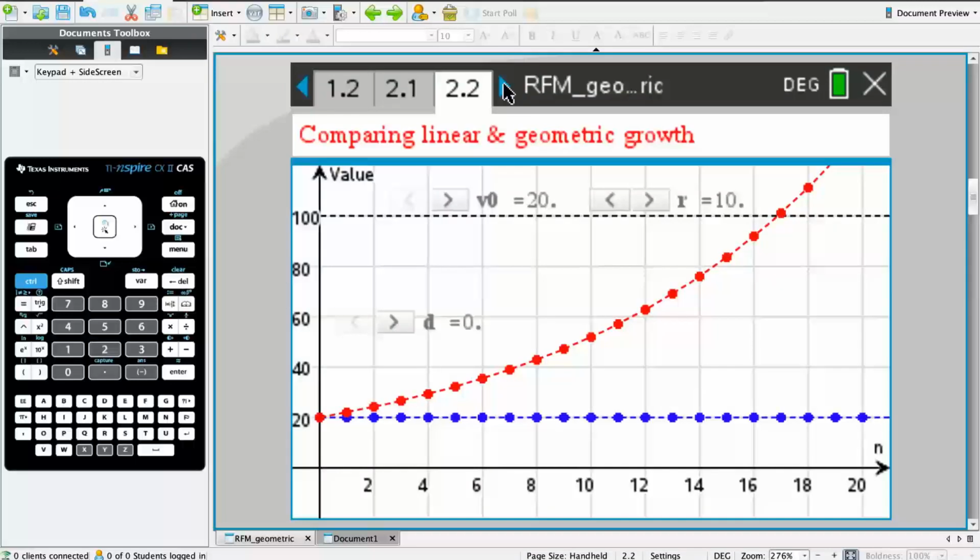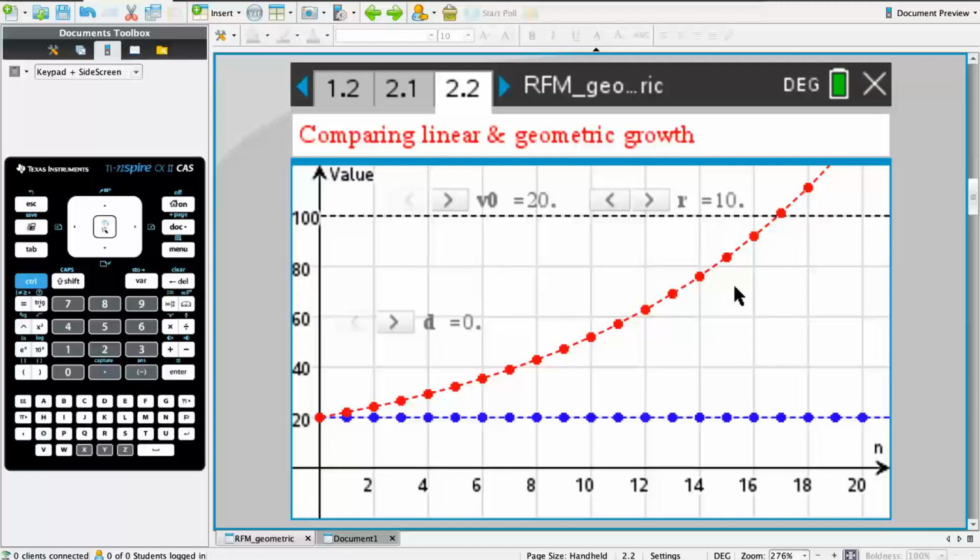So I've mirrored here the solution for when does that shrub, which starts planting at 20 centimetres, get to a height of 100 centimetres. And you can see there that answer, which is about 16.88, is represented by this intersection here.